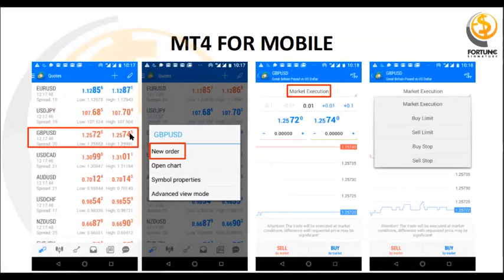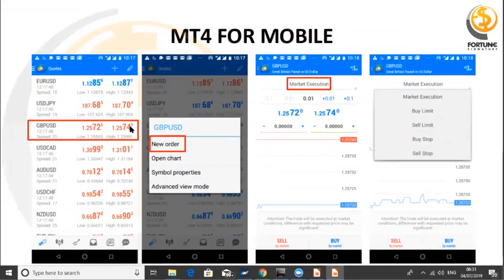Okay, so how do I place orders on my MT4 on my phone? Very easy. All right, you go to what? The currency pairs, the cursor here. Make sure you're in the cursor here and go to the currency pair. Say you tap on or hold down GBP USD. The moment you hold down GBP USD, you will see a small dialog box like this, asking you for a new order.